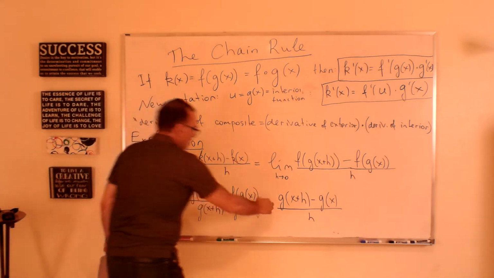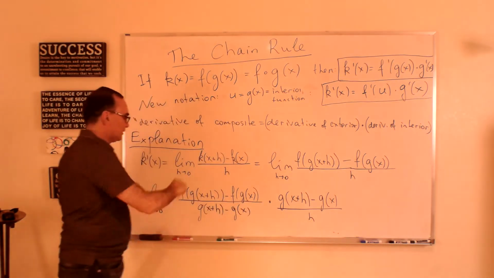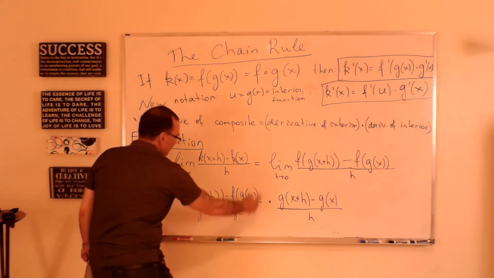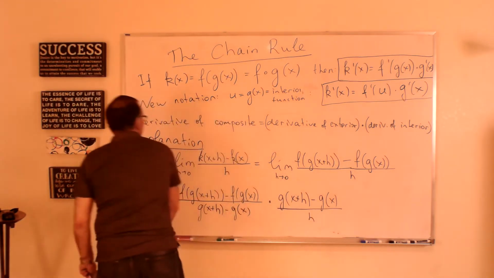So we get the limit of a product of two expressions. Now we can split this limit as the limit of the first part times the limit of the second part.